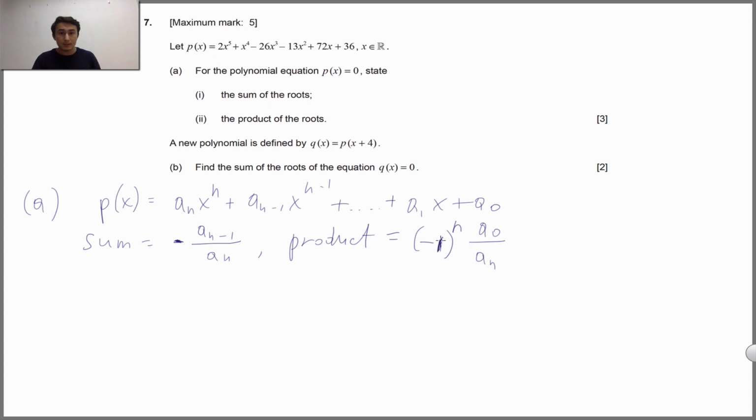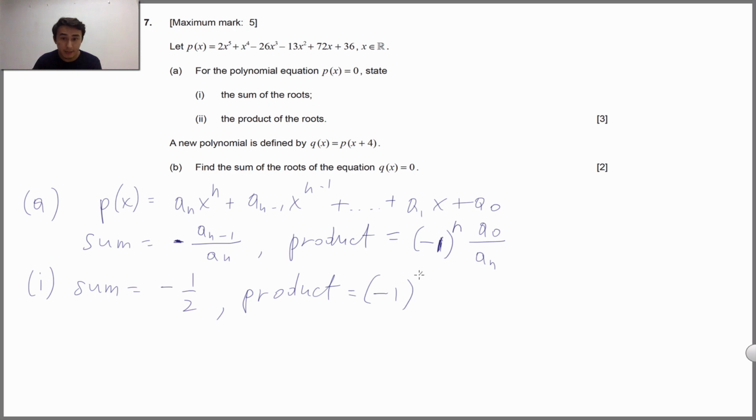Okay, so for this particular problem, let's do part I. The sum of the roots is equal to, let's see, what do we have here? We have 1 and 2, so it will be negative 1 over 2, right? This is the sum. And the product, what do we have here? 36 and 2. And we have to write always minus 1 to the power of what should be the number here?